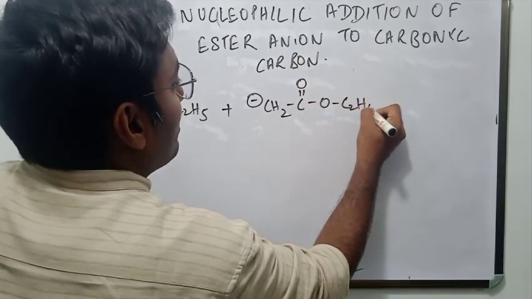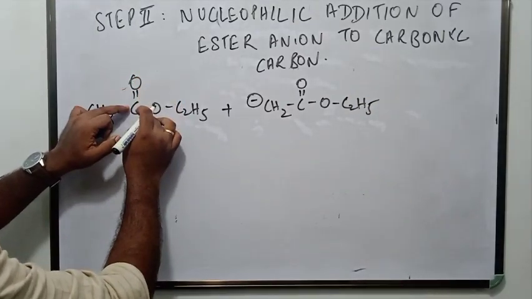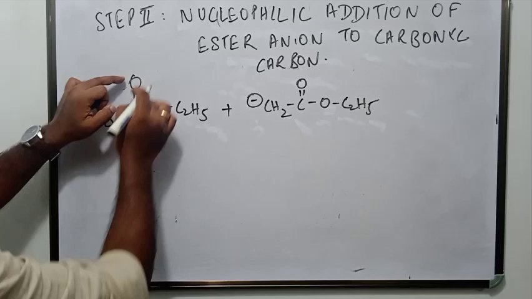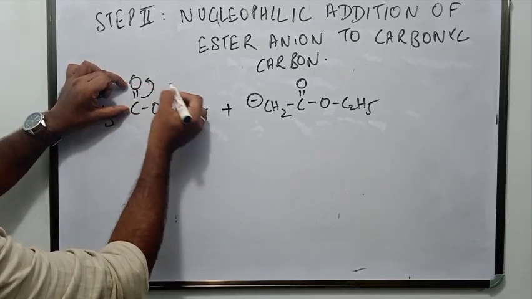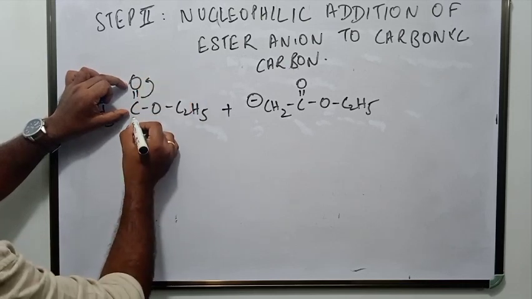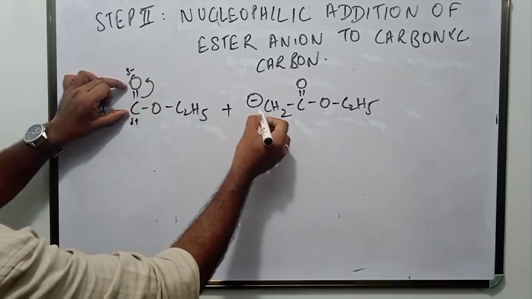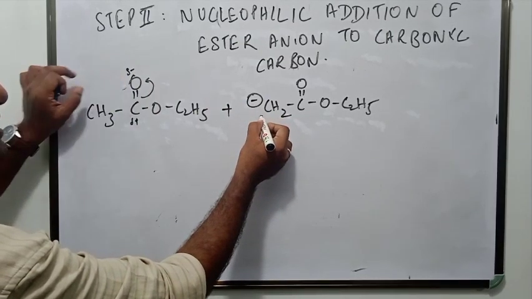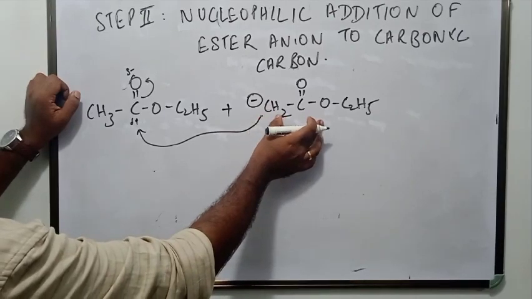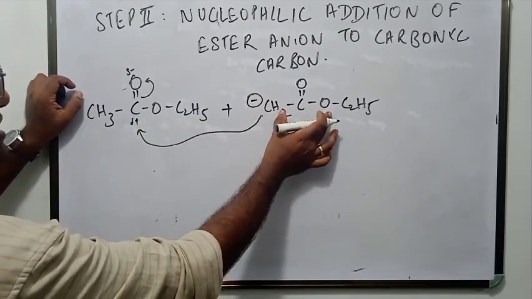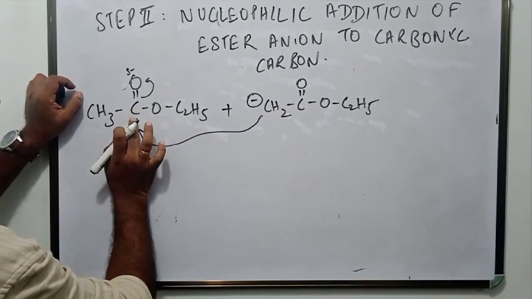Now what would happen? You can see there is a significant difference of electronegativity between the carbon and oxygen, and ultimately this oxygen wins the electron and positive sign rests on carbon, right? So this adds to here. This is the nucleophile. So nucleophilic addition of ester anion takes place at the carbonyl carbon of the ester.